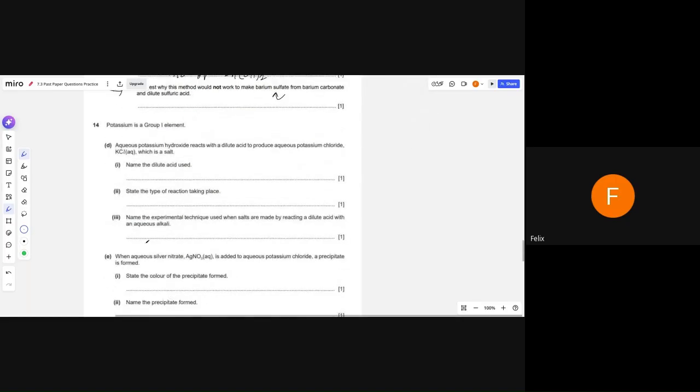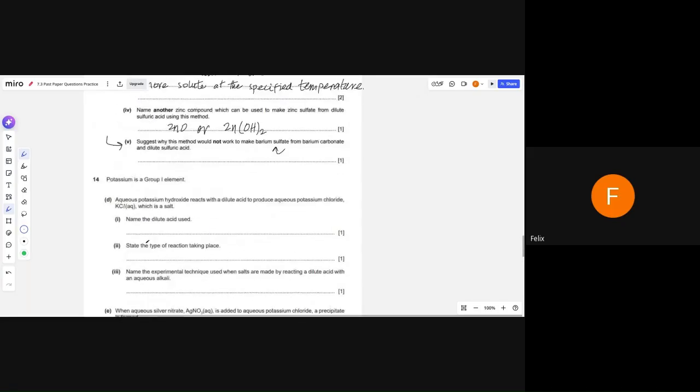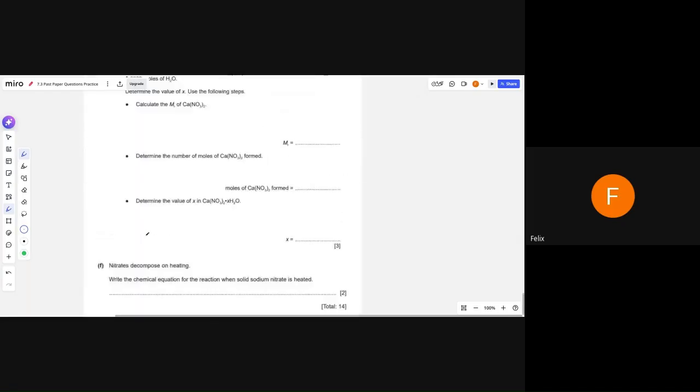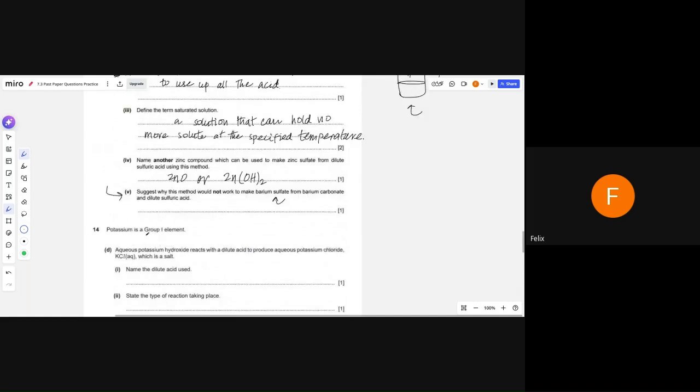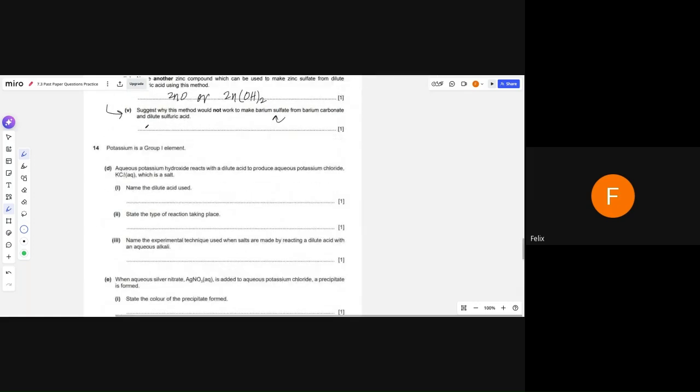The next question is question number 14. Okay, we are about to complete this. Potassium is a group 1 element. Name the acid: aqueous potassium hydroxide reacts with a dilute acid to produce aqueous potassium chloride. Okay, so we are getting a chloride salt, so the acid will be hydrochloric acid, right?